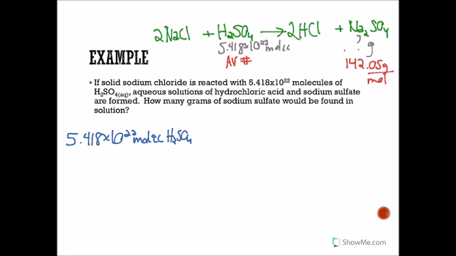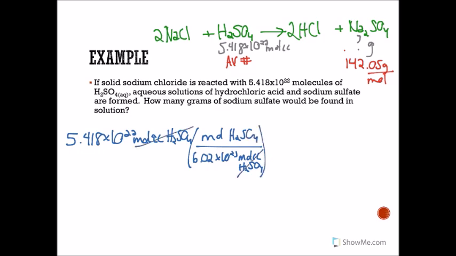And I know to convert from molecules to moles, we need to use Avogadro's number. We use 6.02 times 10 to the 23 molecules of sulfuric acid, H2SO4, all over mole of H2SO4.